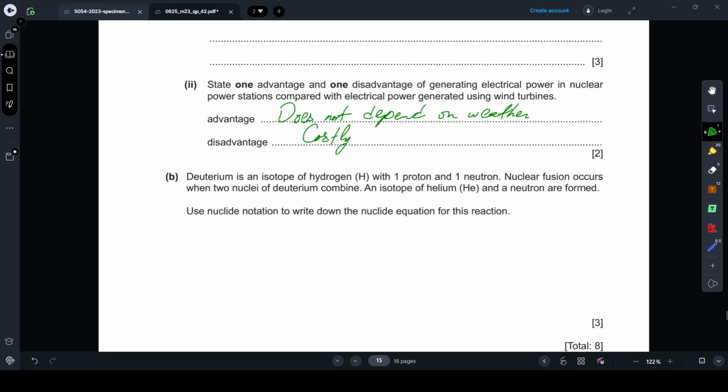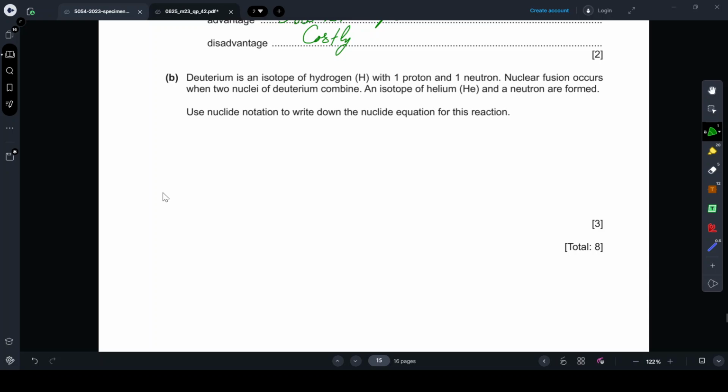Okay. So deuterium is an isotope of hydrogen with one proton and one neutron. Nuclear fusion occurs when two nuclei of deuterium combine, an isotope of helium and a neutron are formed. Use nuclide notation to write down the nuclide equation of this reaction.